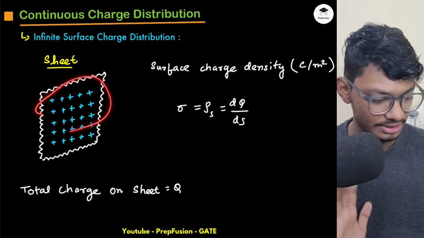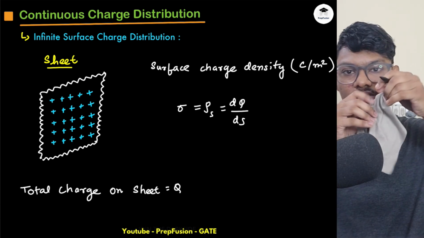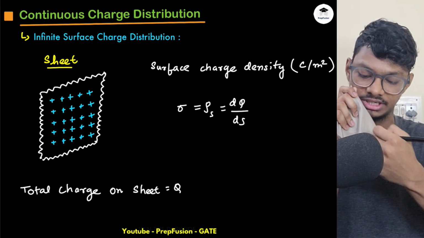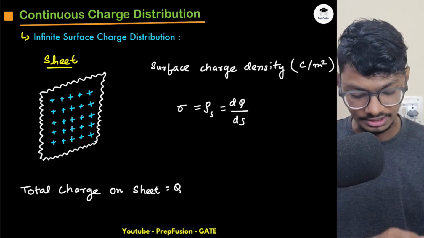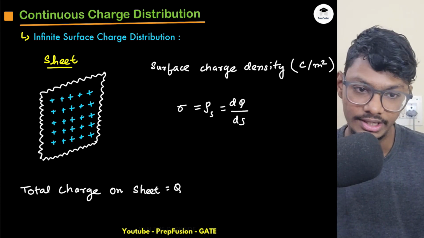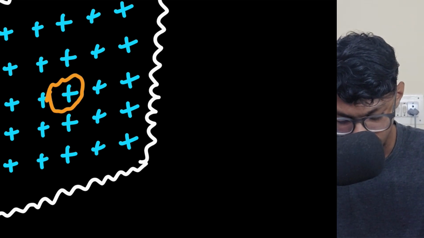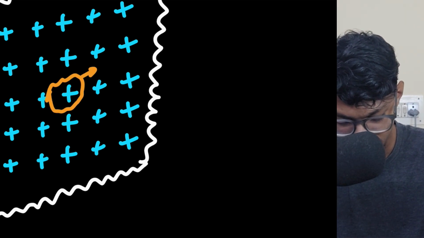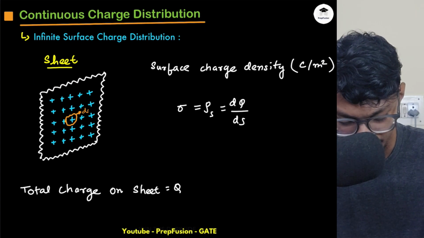So if I just take a sheet, like a paper or a small piece of cloth, and this has charge, it is infinitely long and it has charge. How will I solve this type of question? Again I will take some small bit, and in this small surface ds, I have charge dq.